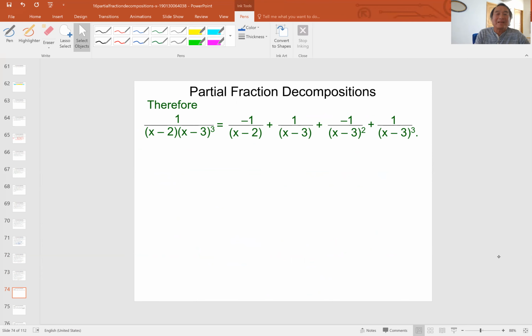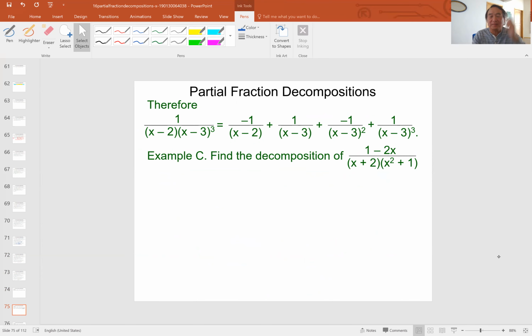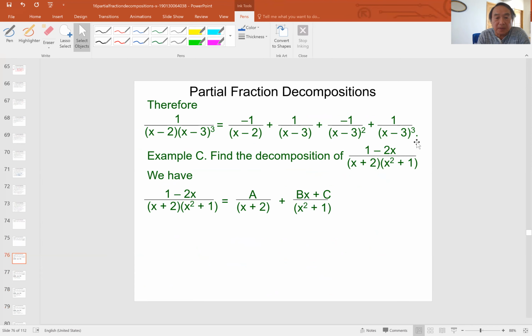So you solve for c, and then this is the decomposition. Now let's put some square in there, one irreducible square. Then you have to remember what the form of the decomposition is: one of these and one of that. But for the x squared irreducible, you need a linear term, bx plus c.